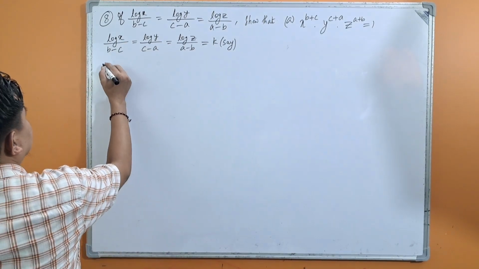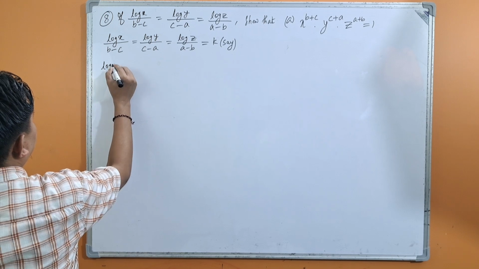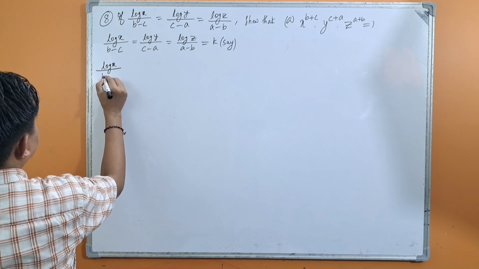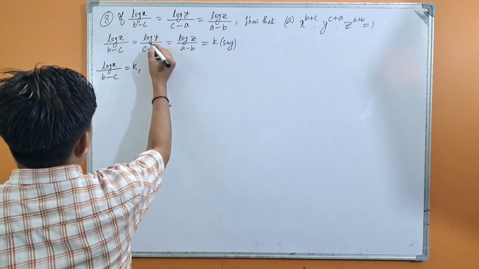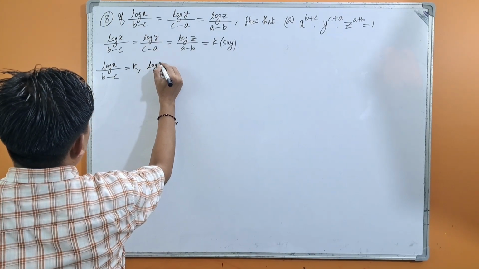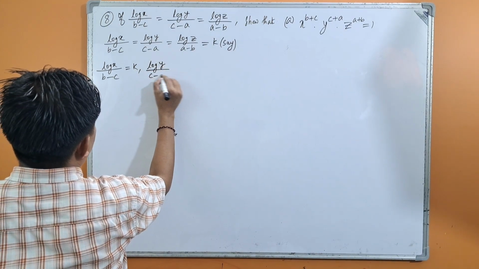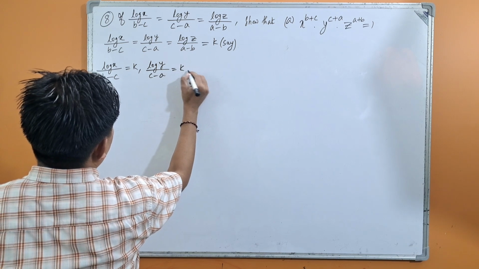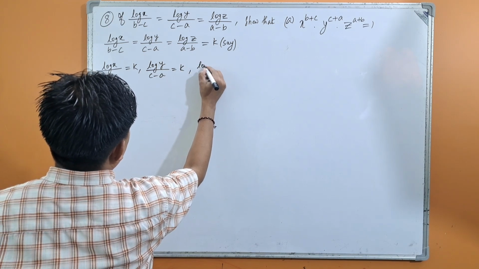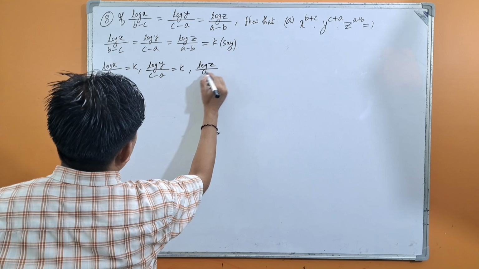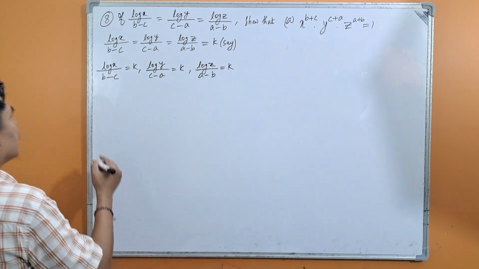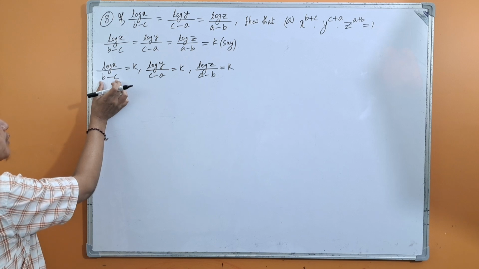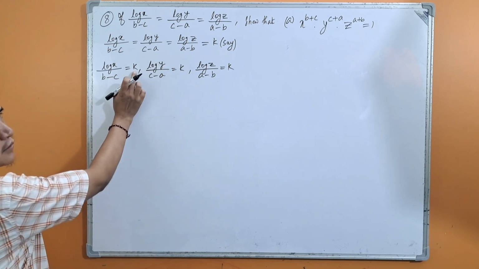Okay, let us write separately. Log x upon b minus c equal to k. Similarly we write log y upon c minus a equal to k and log z upon a minus b equal to k. Now what we do is we multiply this b minus c to the other side of the equation, cross multiplication.